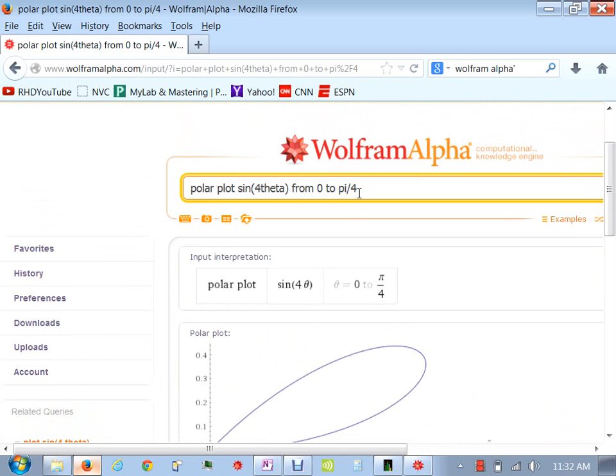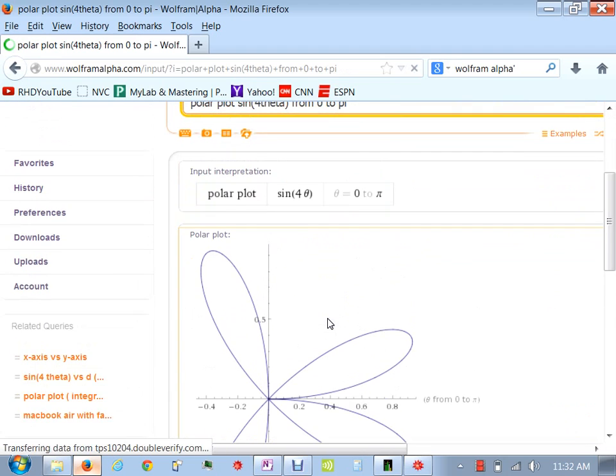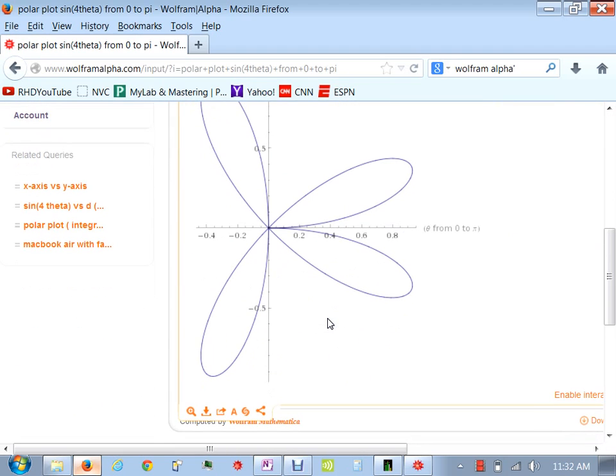If I go just to pi, then we had this, which we saw, right? It looked like it went like this, and then came back down. It probably goes up and comes back down like this.